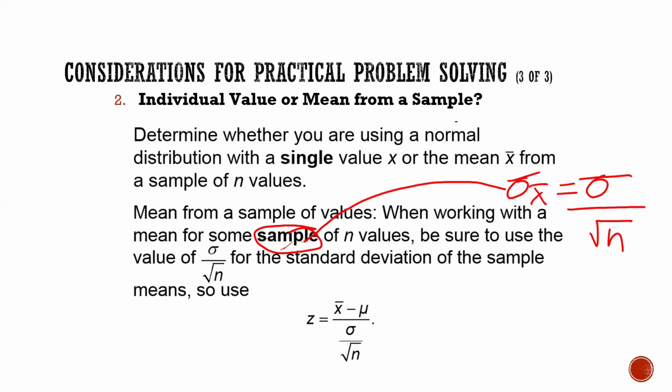This is a big mistake that students make. It's typically that students just go in thinking it's a single value, so they don't end up adjusting the standard deviation. So this one's used for samples, the mean of a sample. This one would be, what's the probability that this group of 30 people has a mean weight over 150 pounds?